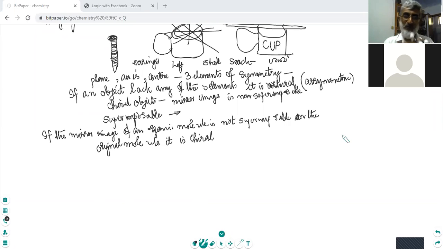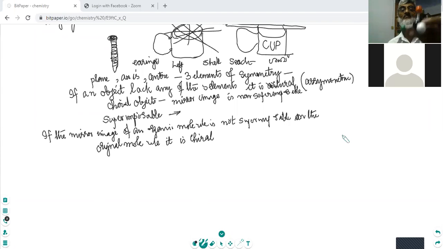Let me remove one more hydrogen and put another group. I remove one more hydrogen and put one more group.